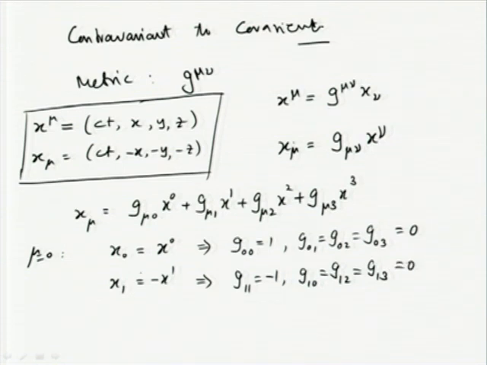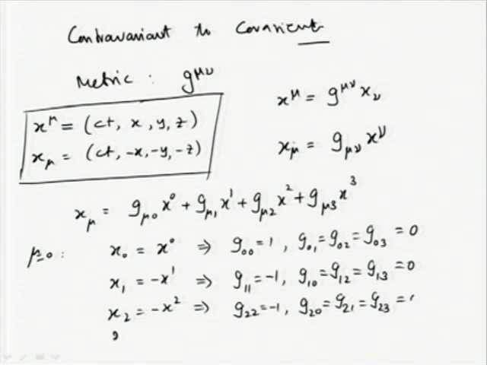And x 2 equal to minus x 2 gives again g 2 2 equal to minus 1, g 2 0 equal to g 2 1 equal to g 2 3 equal to 0.